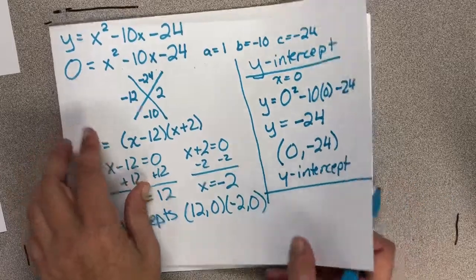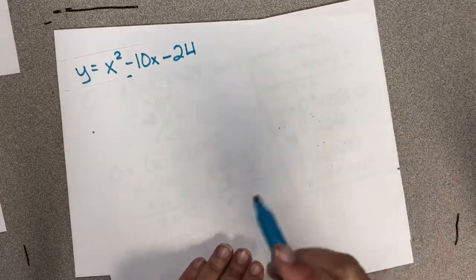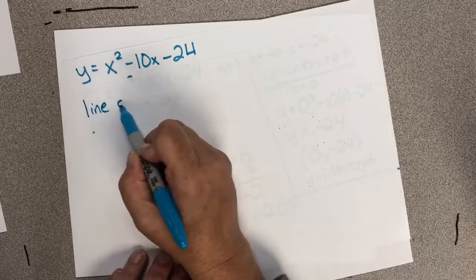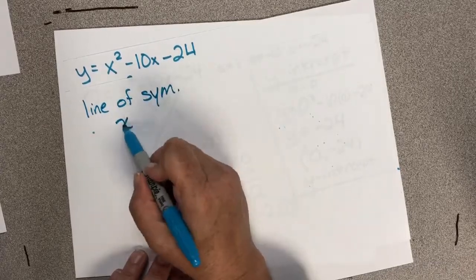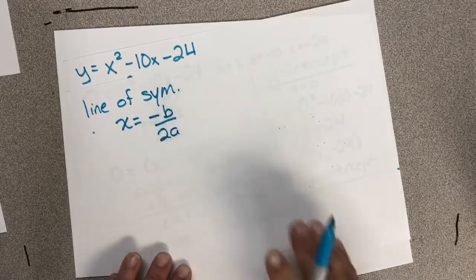Great, so we found our y-intercept, and now we need to find our line of symmetry. The equation for line of symmetry is negative b over 2a. So our line of symmetry will be x equals negative b over 2a.